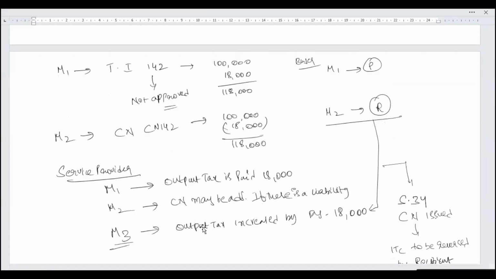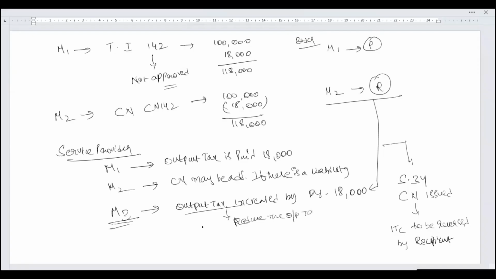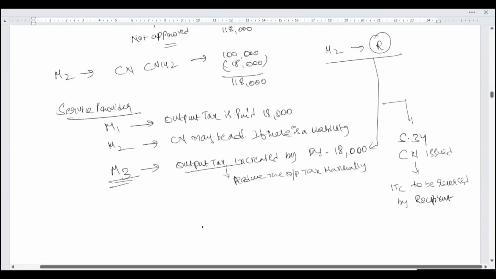Now here, when my output tax is increased, in case this happens, what do I have to do? In case it is a mistake of the customer, reduce the output tax manually. You need to reduce your output tax manually and file your return for this month 3.